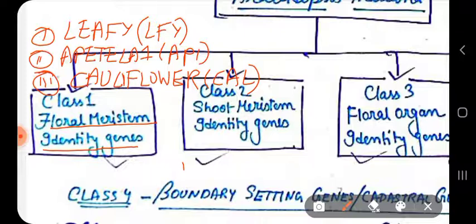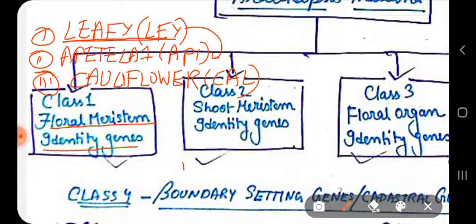Well, this leafy gene that has been mentioned here activates the Apitella 1 gene. If the leafy gene gets mutated, then instead of flower, we are going to see the structure of a leaf.